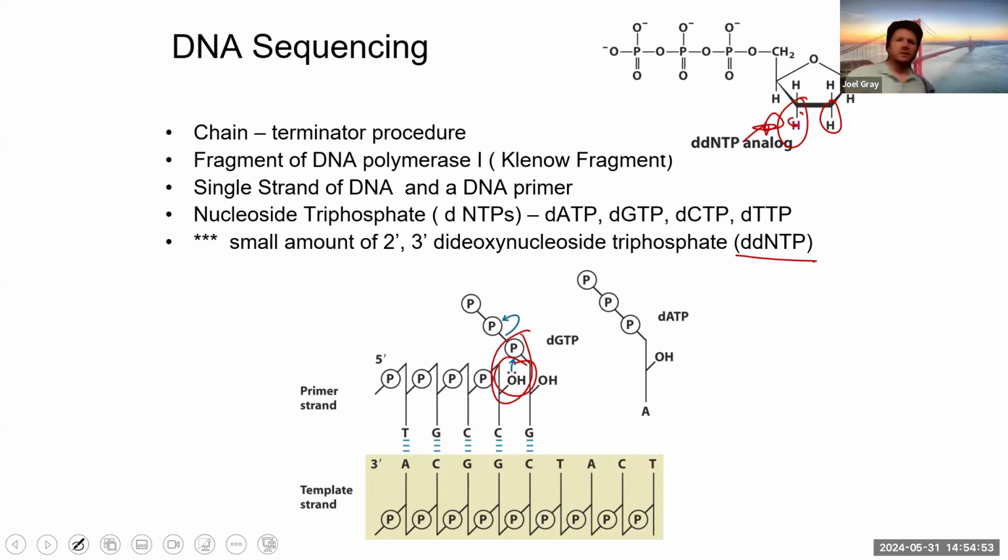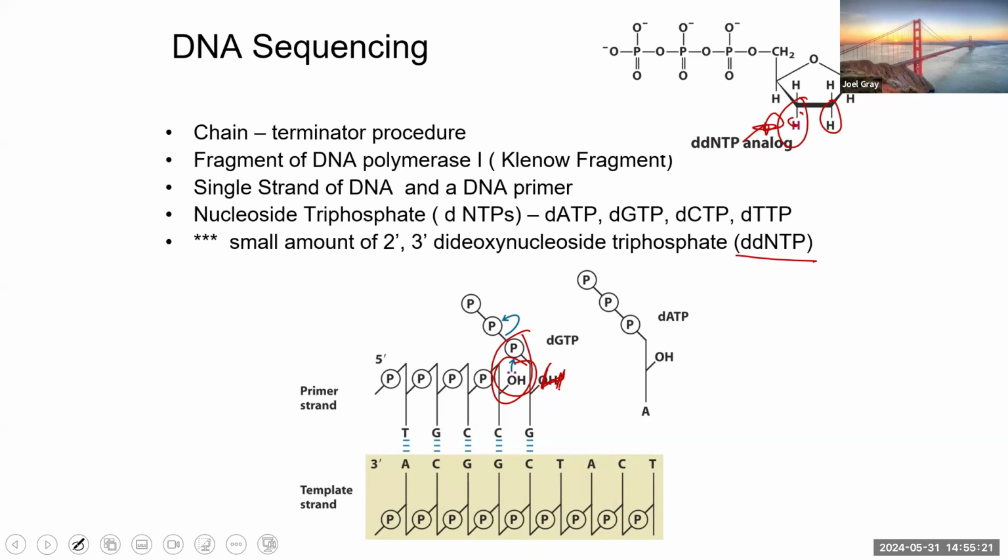Because that oxygen has lone pairs of electrons, so we can make that phosphodiester linkage. Now, if instead of an OH, we have an H, do we have those lone pairs of electrons so that we can make that phosphodiester linkage? We don't. Okay, so that's the importance of the 2',3' dideoxynucleoside triphosphate, the ddNTP.